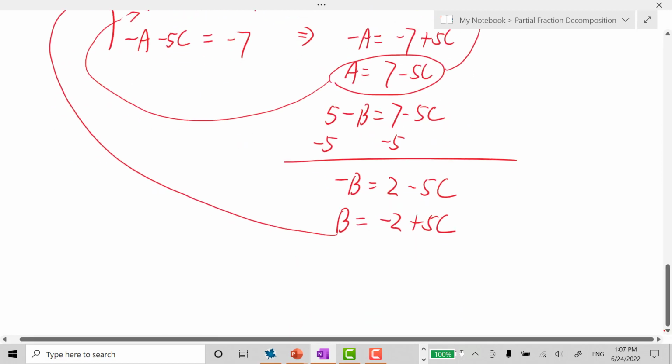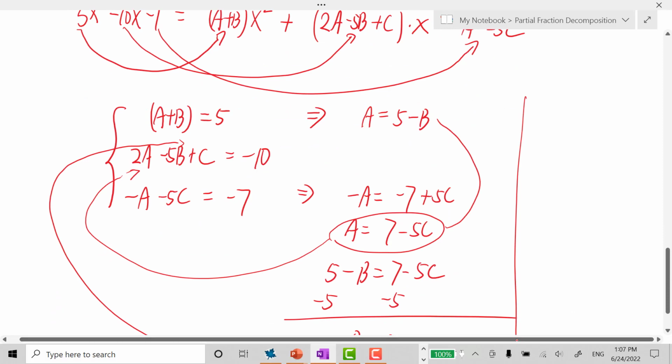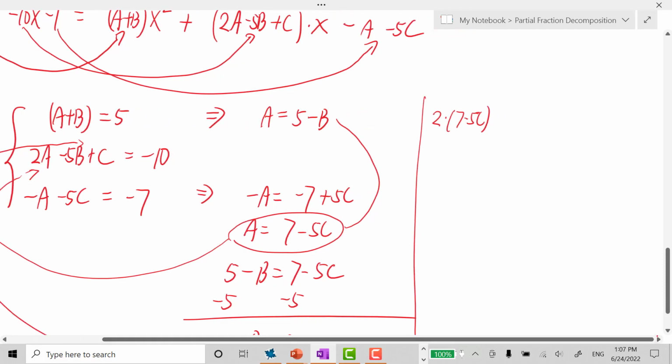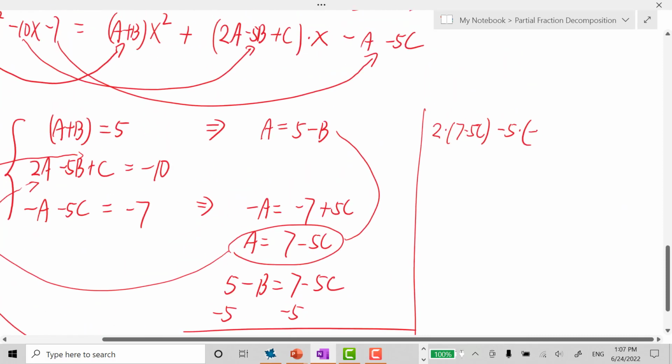So now we get 2 times 7 minus 5c, minus 5 times negative 2 plus 5c. That's equal to, no, not yet, plus c.